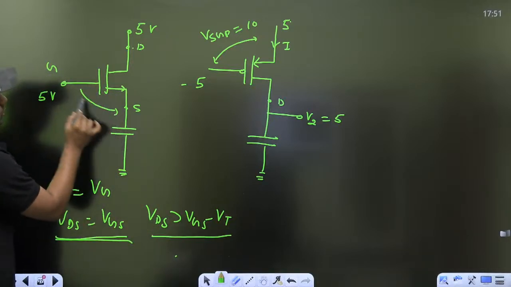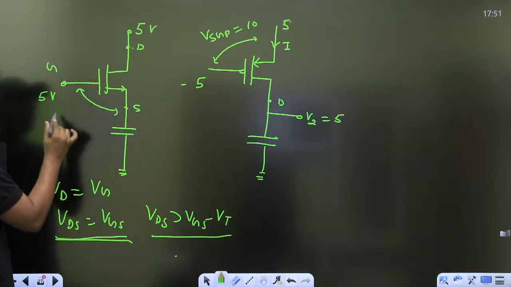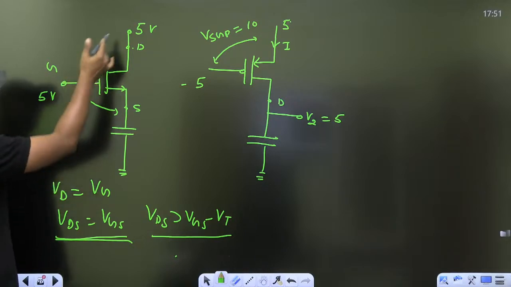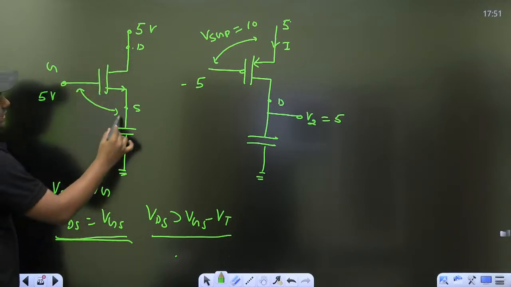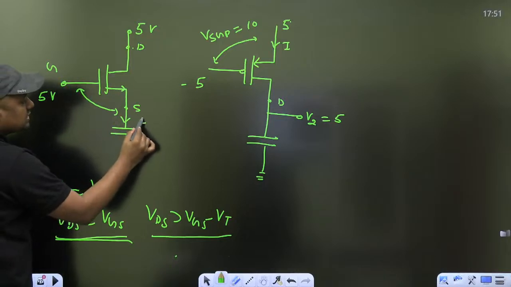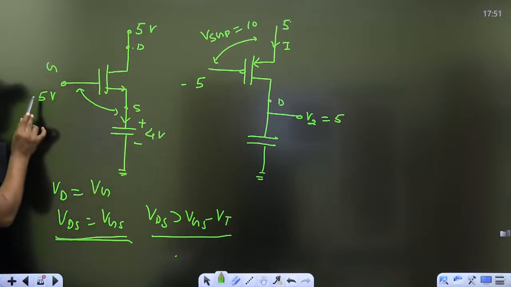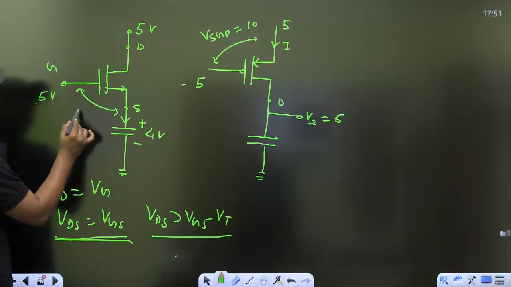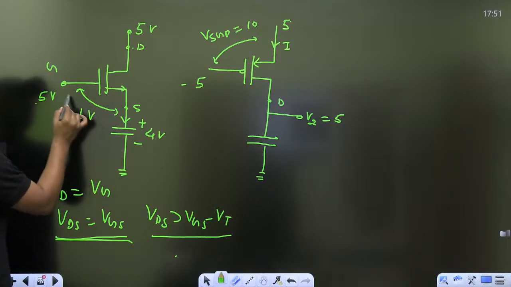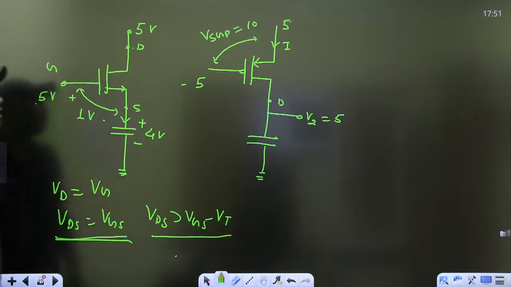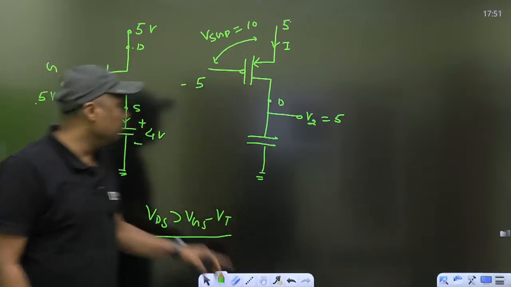This voltage should be greater than or equal to the threshold voltage, so the current will flow and the capacitor will charge. What is the maximum voltage across the capacitor? It is 4 volt. Why? Because the gate is 5, so it is 4, and then the voltage here is 1 volt. You have to maintain the minimum threshold voltage here, otherwise it will go into cutoff.